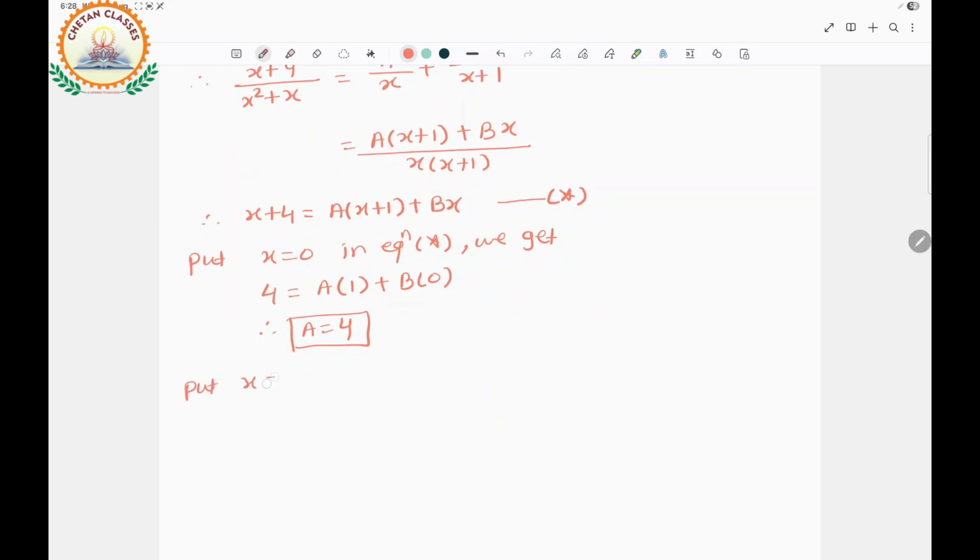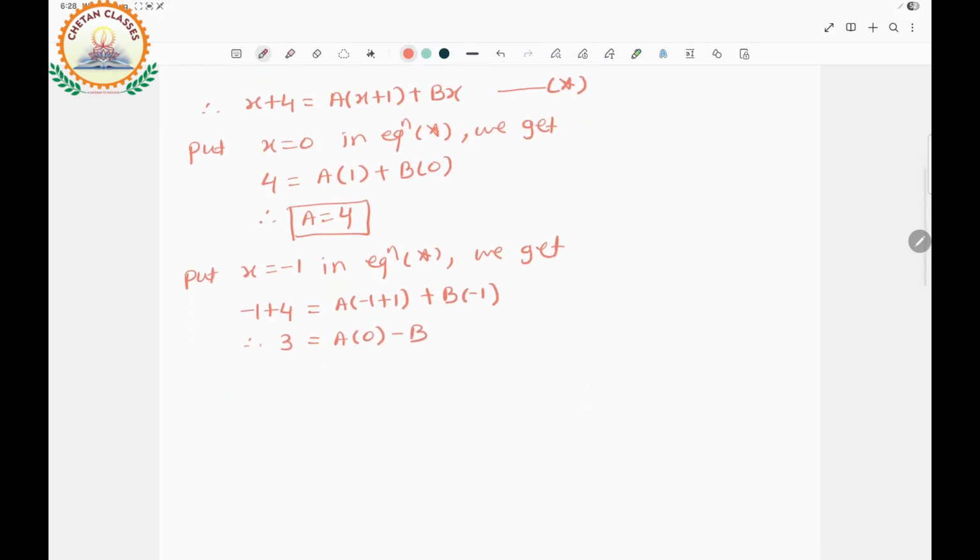So, put x is equal to minus 1 in equation star. We get minus 1 plus 4 is equal to a into minus 1 plus 1 plus b into minus 1. So, here 3 is equal to a into 0 minus b. Therefore, b is equal to minus 3.